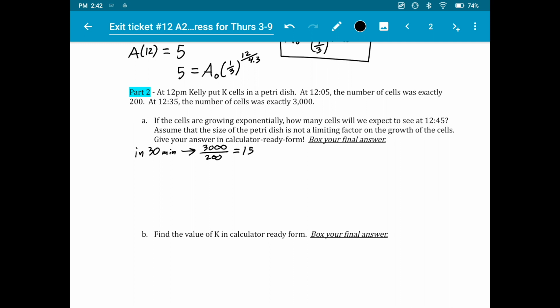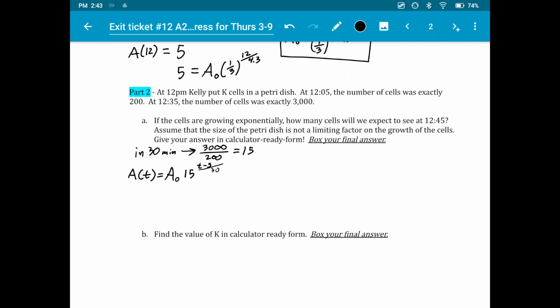So our function should look like the number of cells we have. A of t is going to be equal to some initial amount, A sub 0, times 15 raised to the t minus 5 over 30. Every 30 minutes we go up by 15 times.